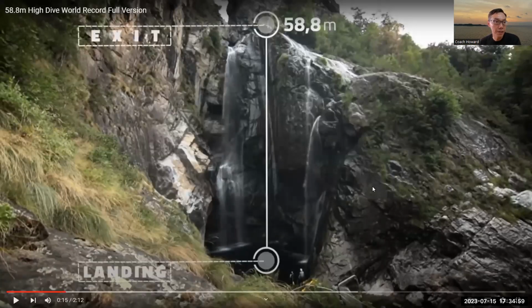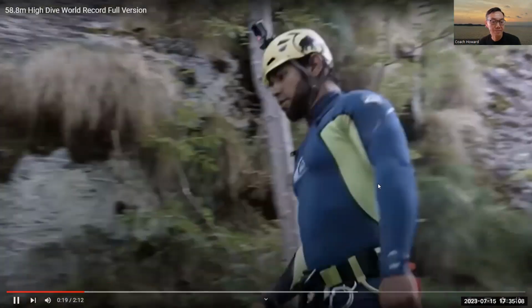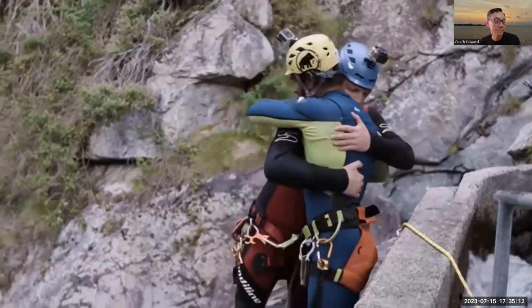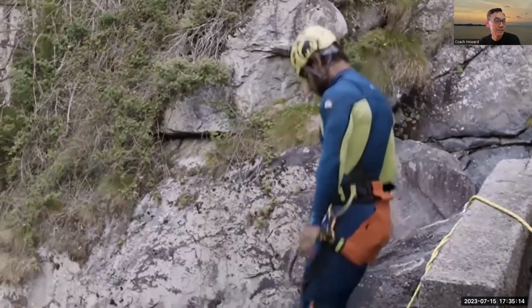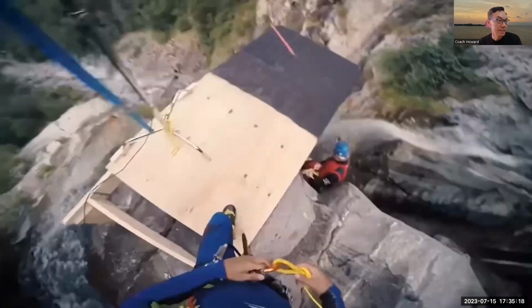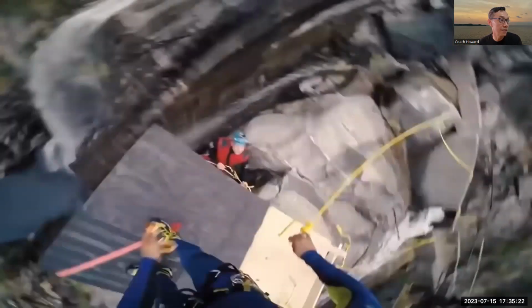It's 58.8 meters, higher than the Leaning Tower of Pisa. He's doing some stretching exercises, warming up for the jump. All safety must be done properly for such an event witnessed by many people in the surrounding area.